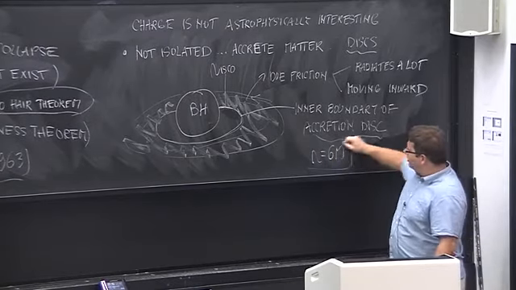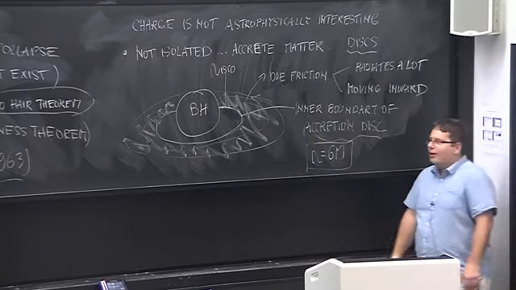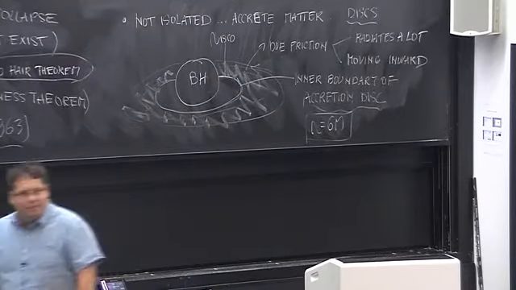If you have rotation, it will be slightly different, but let's say you have small rotation, then it's R equal to 6m. So now this is a unique prediction of general relativity. It's exactly at R equal to 6m.